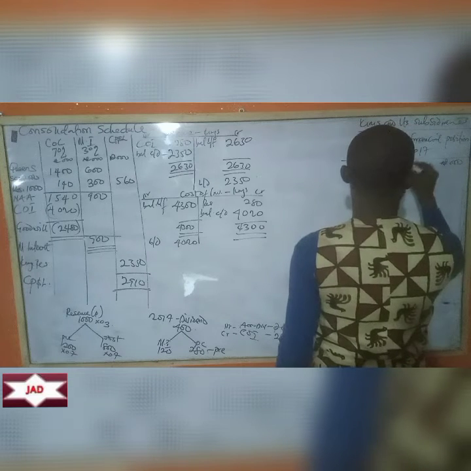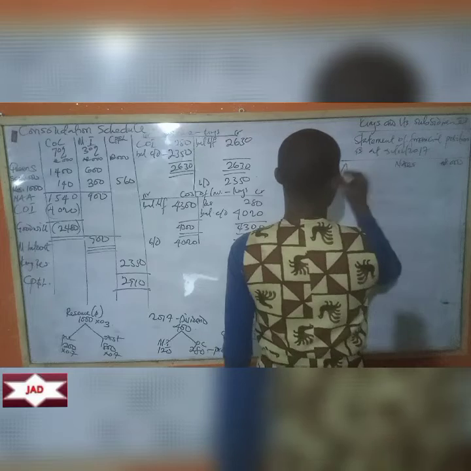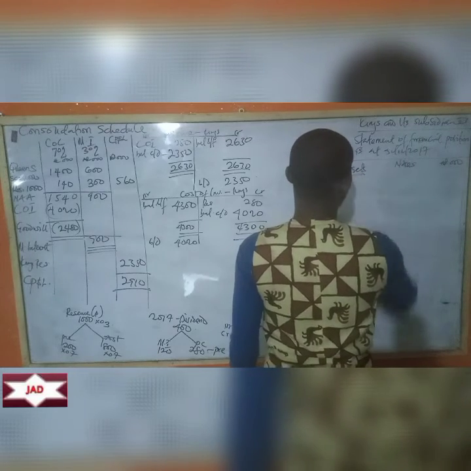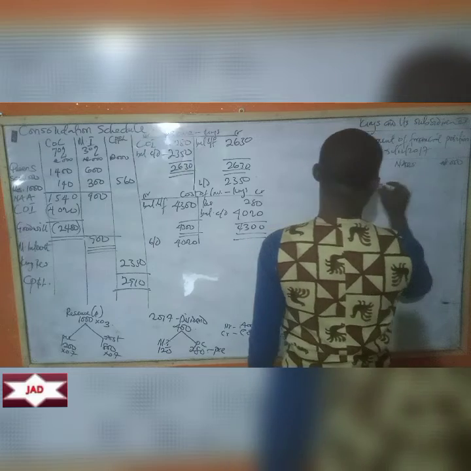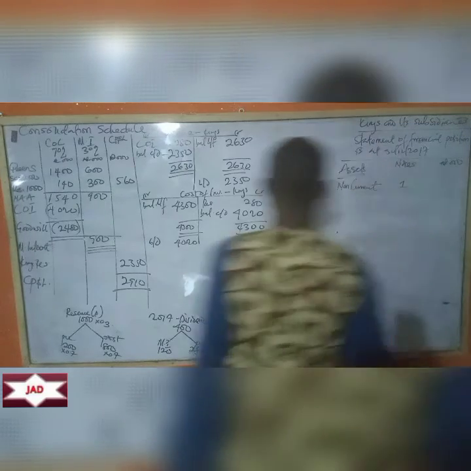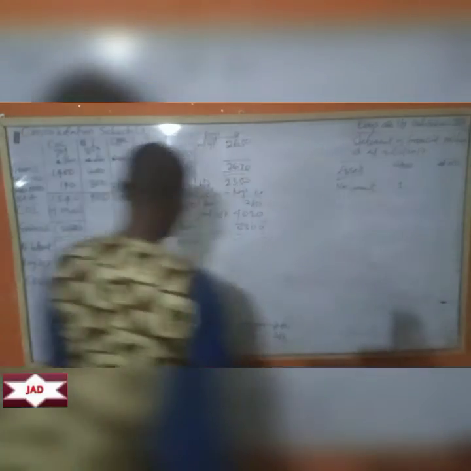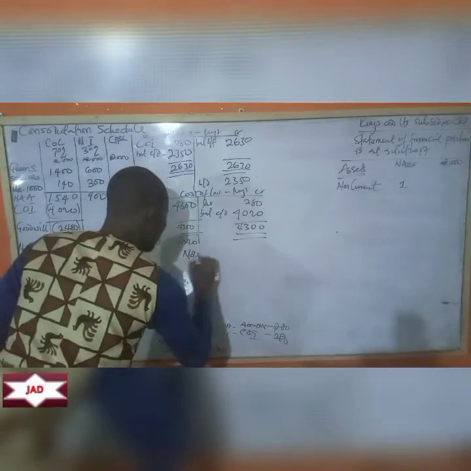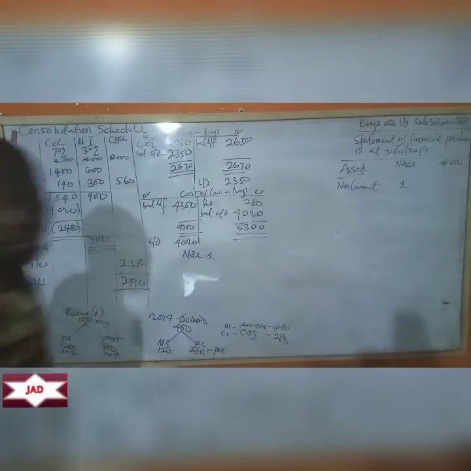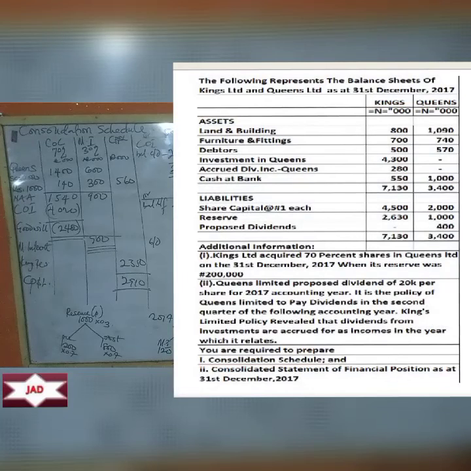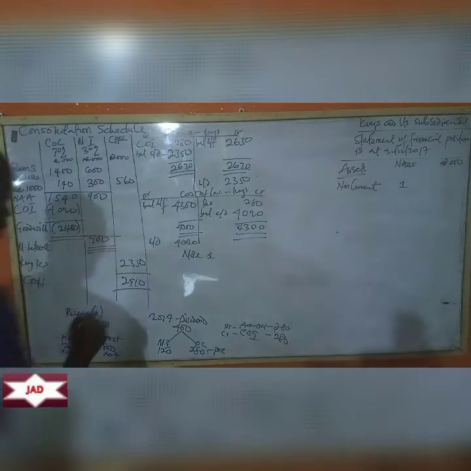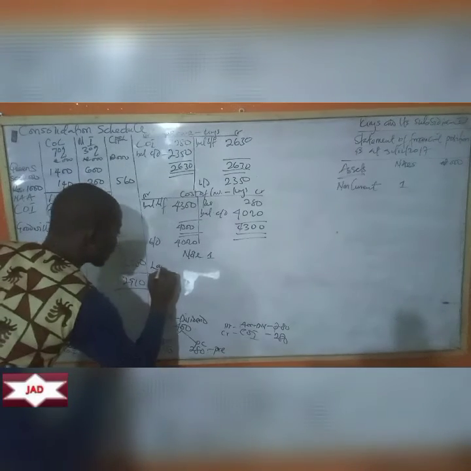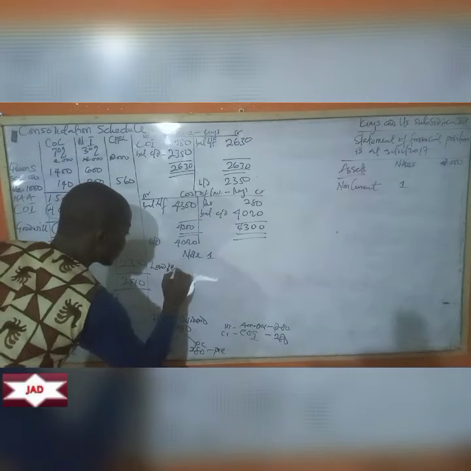So we have the notes, we have assets. So we have the non-current, let's call it note 1. So let's put the note 1 here. So what are the non-current asset items? Land and building. We have land and building.